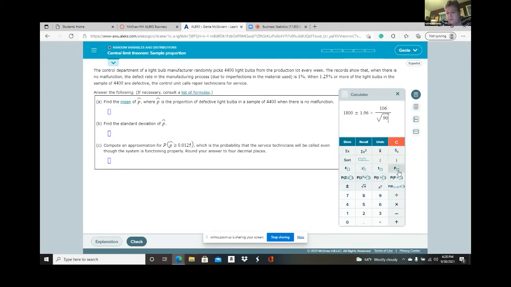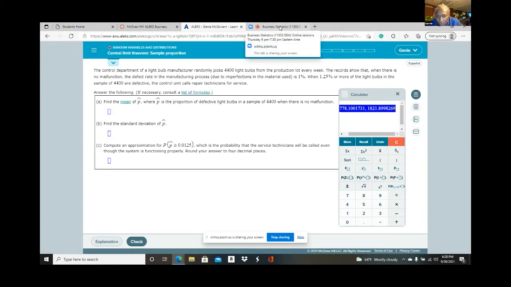Hit equal. And there's your answer. If you recall, in this question they wanted 1 decimal place, so this would be 1778.1. And the upper is 1,821.9. Because remember, they only want 1 decimal place.